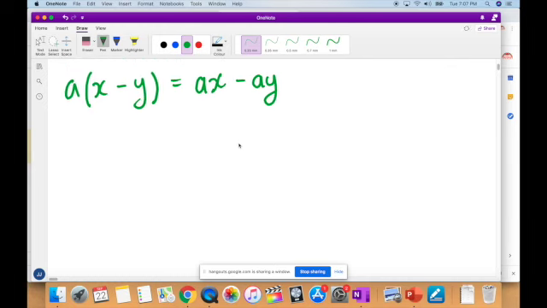Nice. What am I going to get when I multiply this? Minus ax minus ay. Negative ax minus ay. Caitlin, you agree with this?